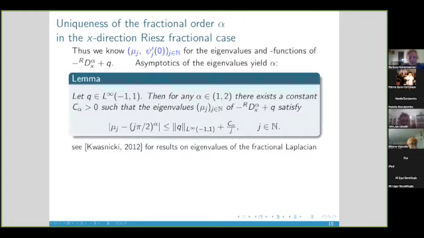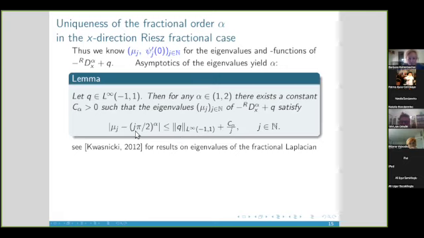Because for the asymptotics of these eigenvalues, well, we don't know the eigenvalues, but we know that if Q is an L-infinity function, the asymptotics of these eigenvalues are basically (j pi over 2) to the power of alpha. So actually this power up here is reflected in these eigenvalues up to some error that is of lower order.